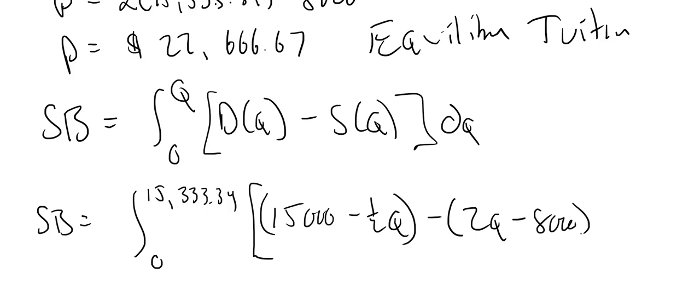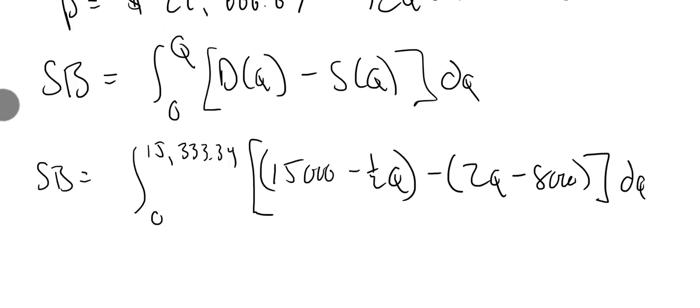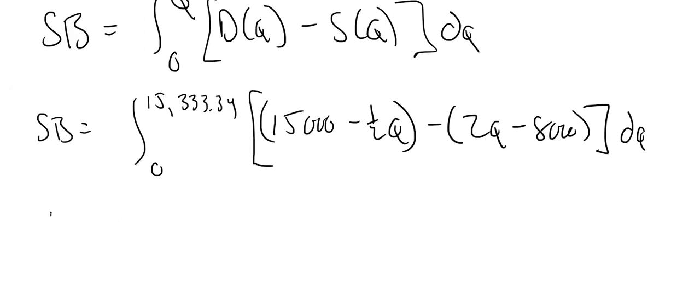And we can simplify this a little bit. Rewriting this as 15 plus 8 would be 23,000.